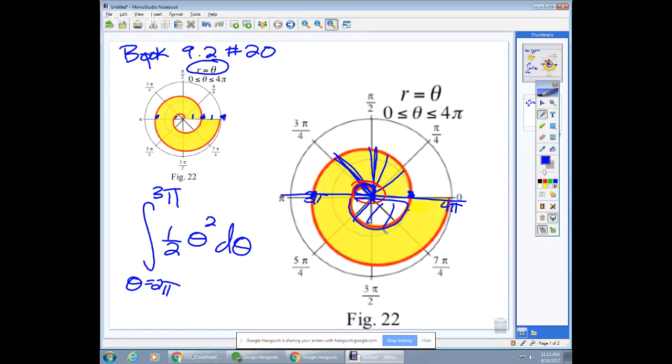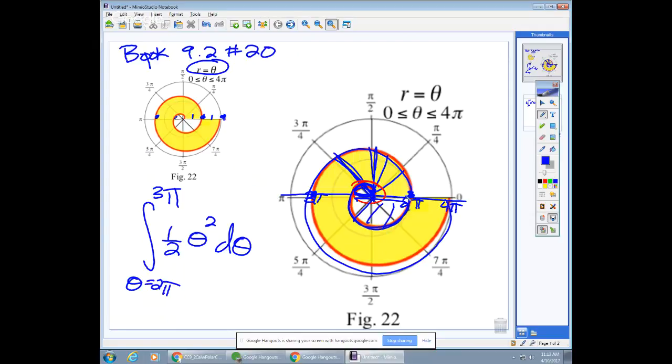So we'll have to subtract out that chunk, which is from pi to 2 pi, which is a continuation of the integral we just subtracted right here, right? So it looks like we can integrate fully from 2 pi all the way to 4 pi, and then subtract out the inner part of the spiral, which is from 0 to 2 pi. See what I'm saying there? Yeah, I think that all fits together now.